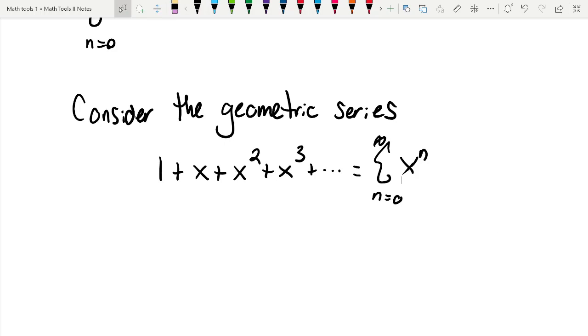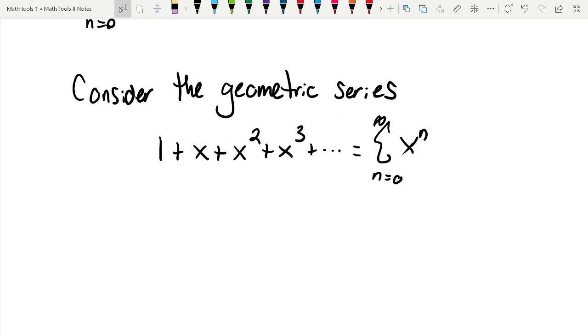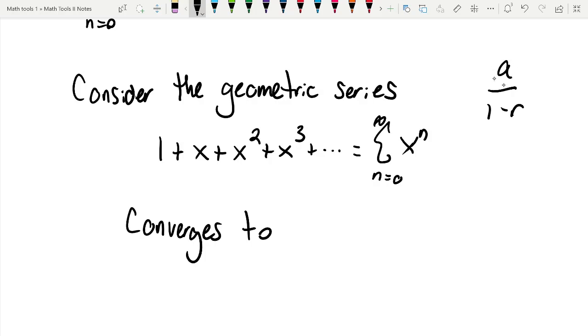So if you remember with the geometric series, x in this case is what we called r before, so we know that this converges to, our formula was a over 1 minus r, where a is the first term and r is your ratio. So in this case, r is x and a is 1. So this converges to 1 over 1 minus x if the absolute value of x is less than 1.